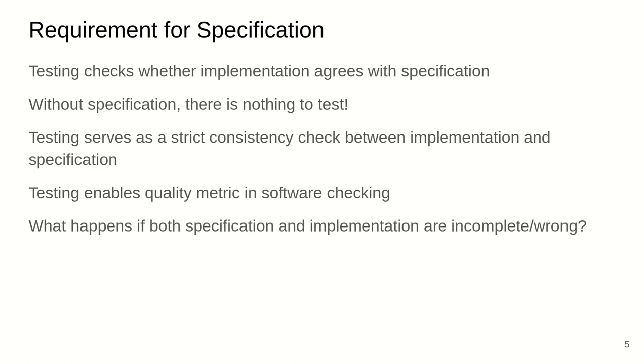If we don't have a specification of what the intended functionality is, we cannot decide if something we observe is unintended functionality. So the test serves as a strict consistency check between the specification and the implementation. And usually the specification should come first, specifying what is needed and then actually implemented. And then we can check for a match if the two actually are correct.